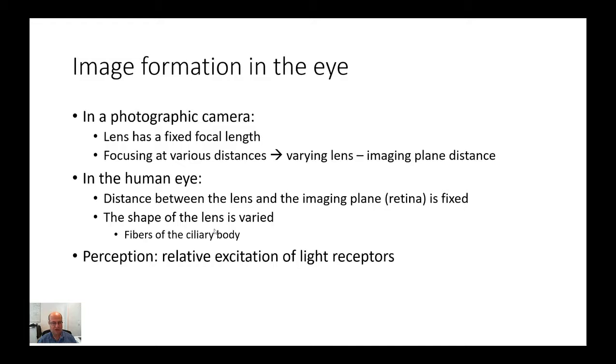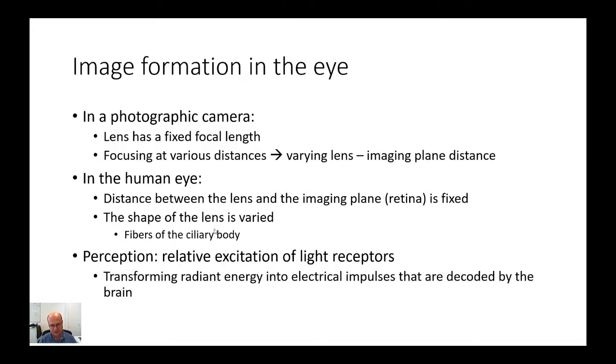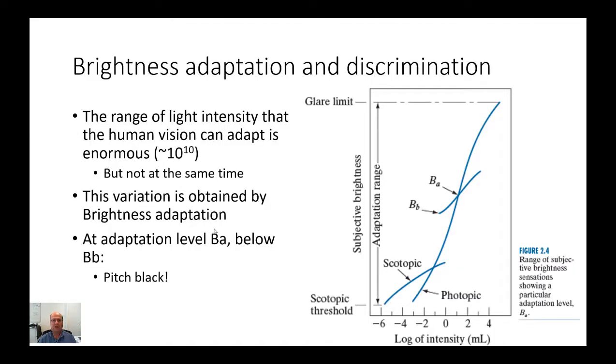And human visual perception is just the relative excitation of light receptors. They are transforming radiant energy into electrical impulses that are decoded by the brain. And one very important thing, very relevant when you are developing computer vision or image processing algorithms, is that our eye is adaptable.